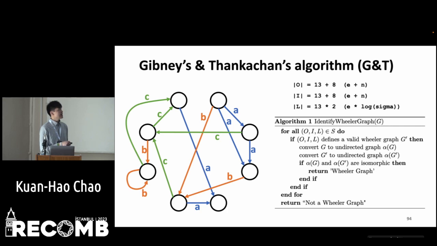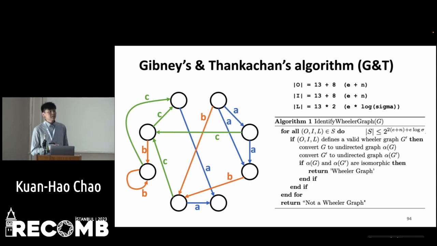And inside the for loop, for every encoding, we need to check if it defines a valid weird graph. And if it does, then we undirect the G-prime and also undirect the given graph G, and check if these two undirected graphs are isomorphic. If they are isomorphic, then it is a weird graph. But if not, then it is not a weird graph.